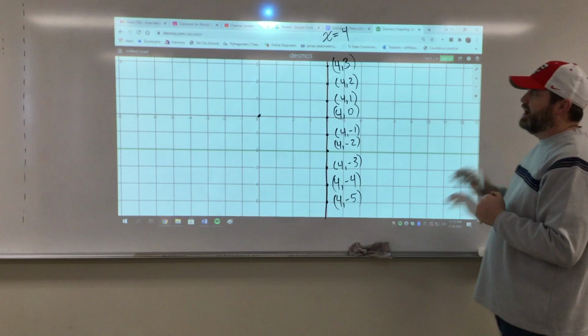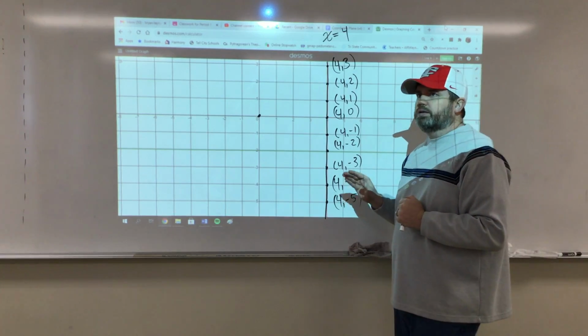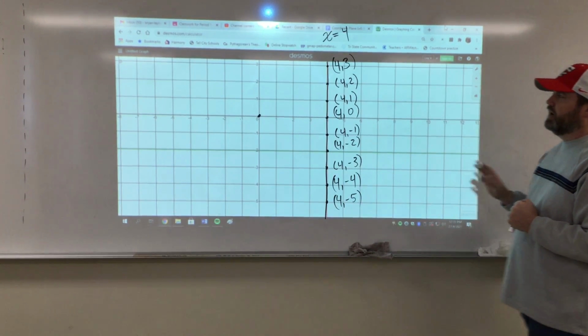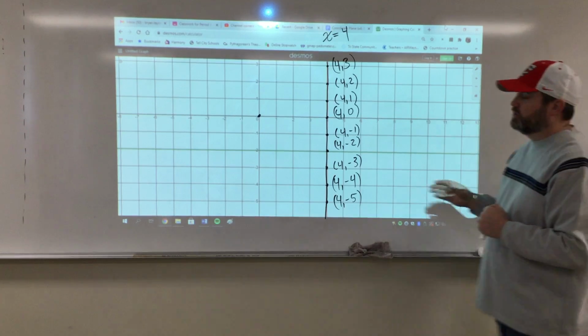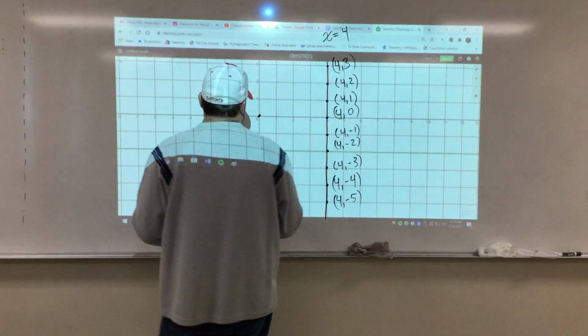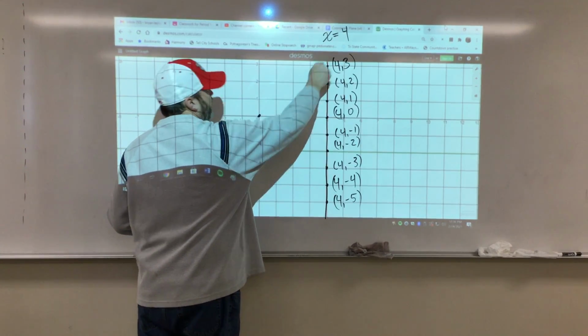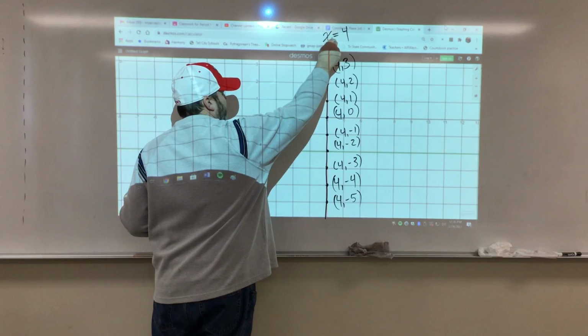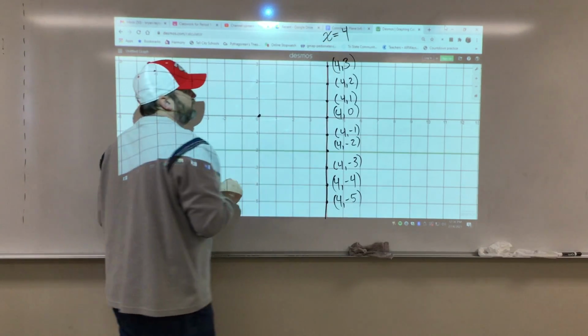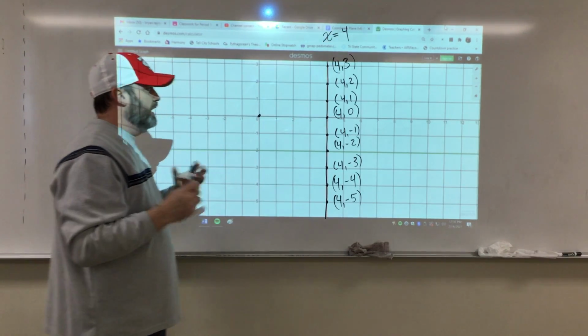Ask yourself, what kind of line has an x value that never changes? It's going to be a vertical line, because no matter where we are, we always go 4 to the right, 4 to the right. The x value never changes on a vertical line, so the entire equation is just x equals 4.